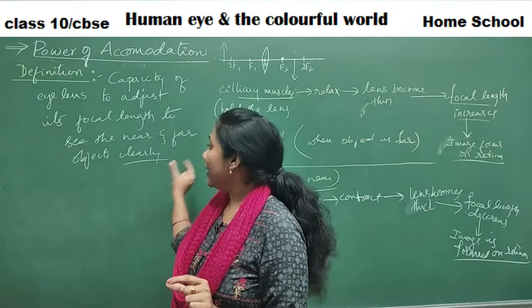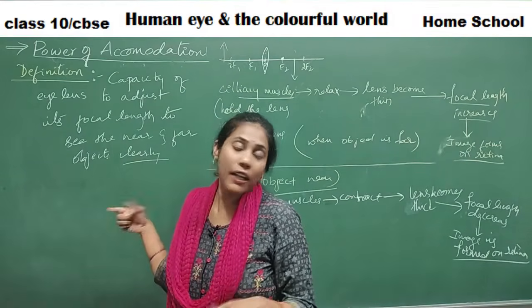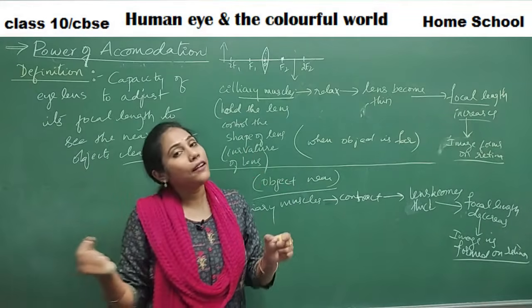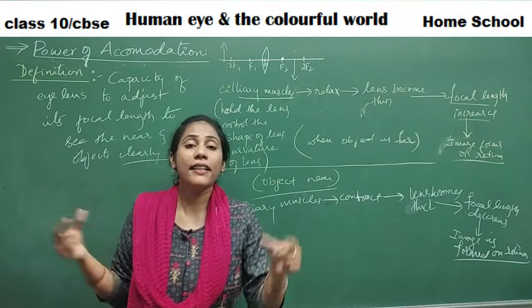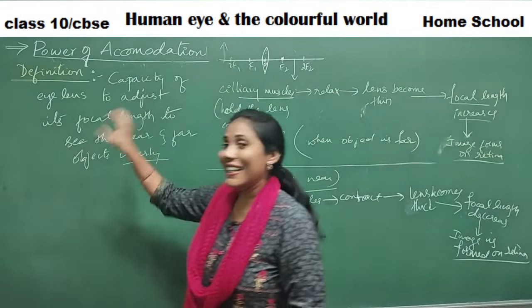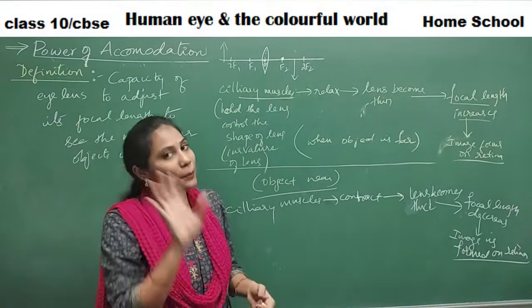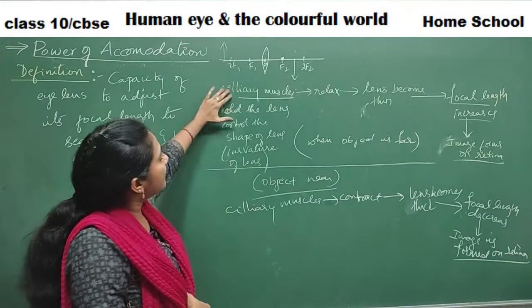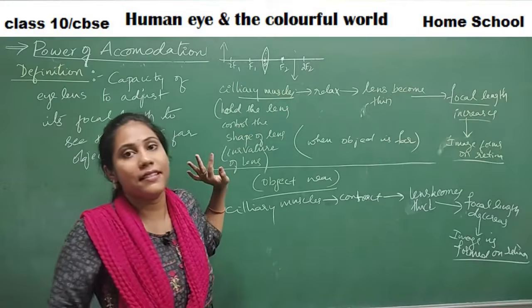So if you want to form the images on the retina, what has to be done? The eye lens focal length has to be adjusted. So how is it getting adjusted? With the help of ciliary muscles.